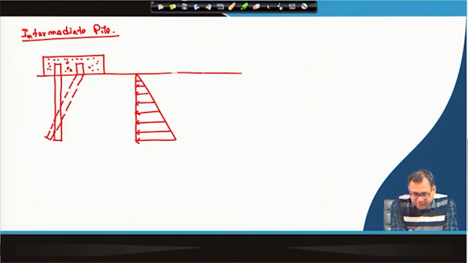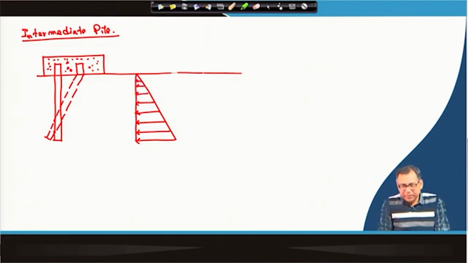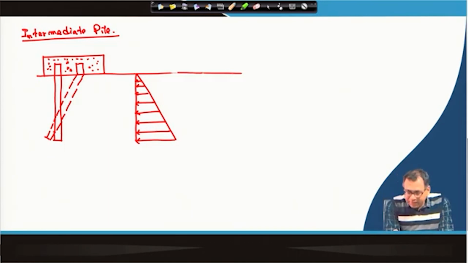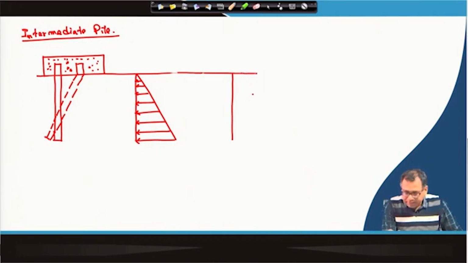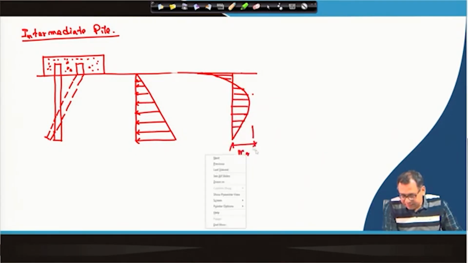and where will be the maximum bending moment? Maximum bending moment will be at a distance of f from the top, like the previous case, but the yield moment will start at the pile top or pile head. So, this will be the diagram, the bending moment diagram.